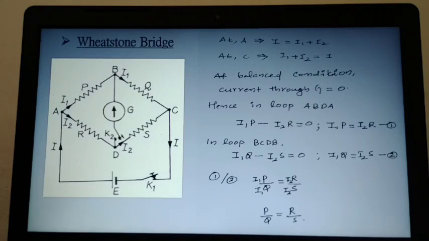That is P by R is equal to Q by S, or P by Q is equal to R by S. The Wheatstone bridge principle is used in practical applications. In your practical syllabus, one experiment is called meter bridge. Meter bridge is based on the Wheatstone bridge principle.